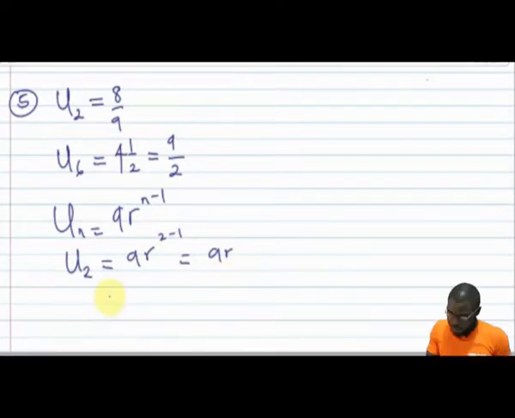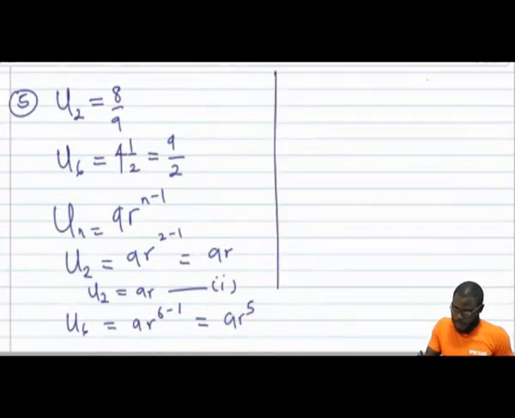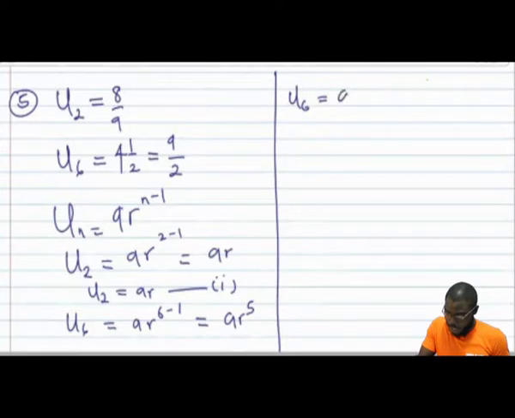So let me write it simply as U2 equals AR. I call that equation 1. Then I have my U6 equal to AR raised to power 6 minus 1, and this is equal to AR raised to power 5. So I can write U6 equals AR to the power of 5. That is equation 2.